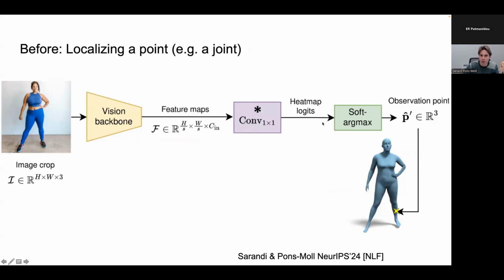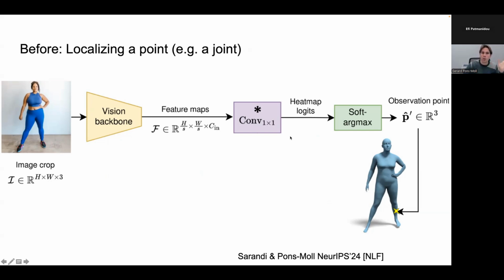And then you have heat map logits, and then using softmax, you obtain P prime, which is these points that you want to predict. Now, you typically train for a given skeleton format. This skeleton format might have 14 joints. And this means that you need 14 heads, one for each of these joints. That's typically how it works.